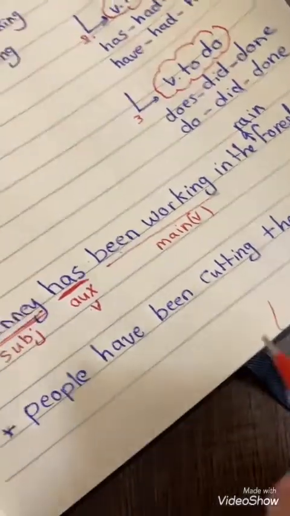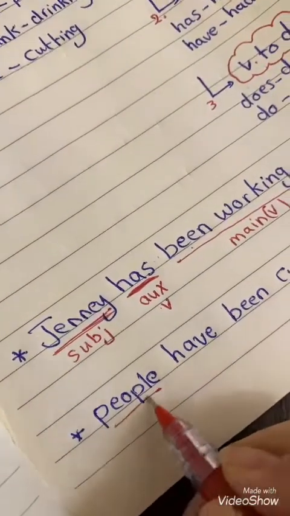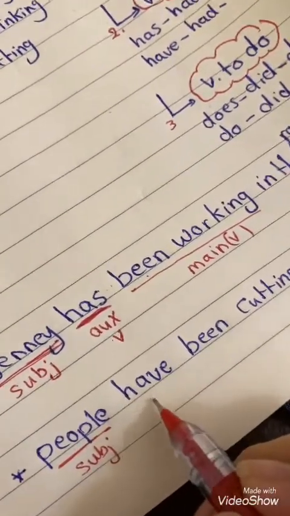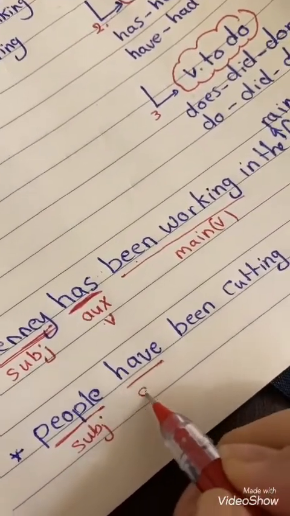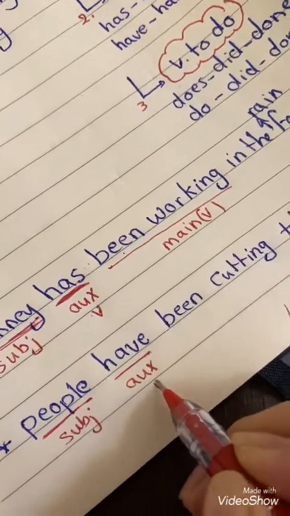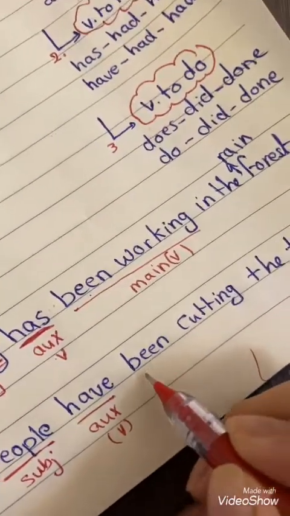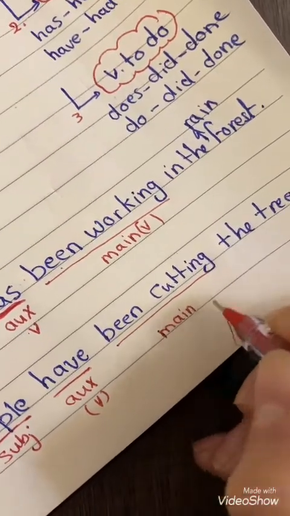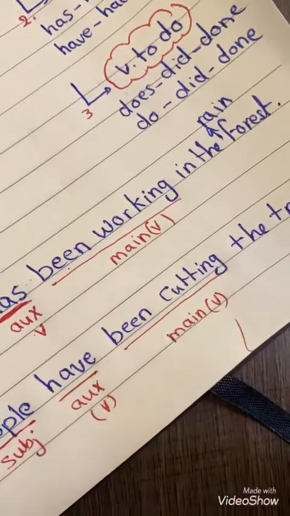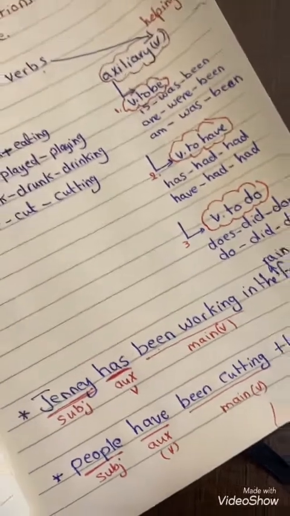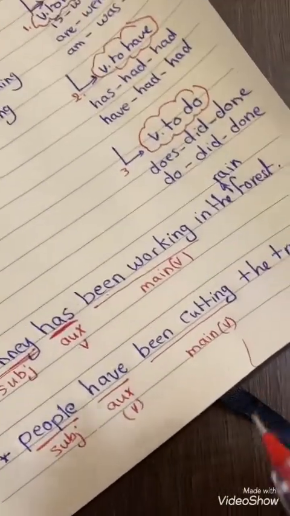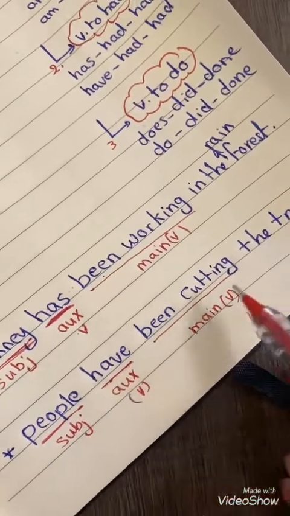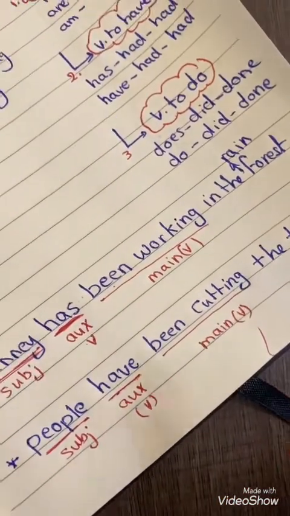This is a sentence. People is the subject. Have is an auxiliary or helping verb. Been cutting is a main verb. So the first verb is an auxiliary or helping verb, and the second one is a main verb.